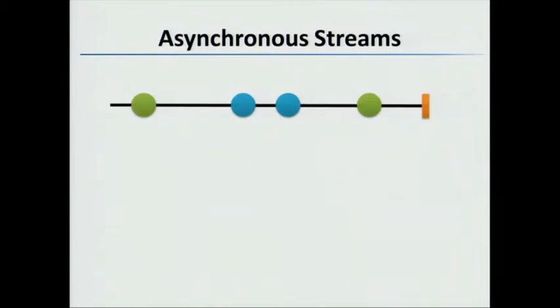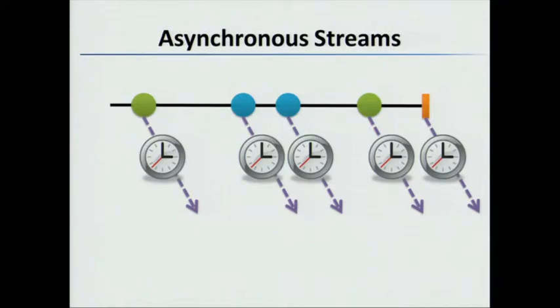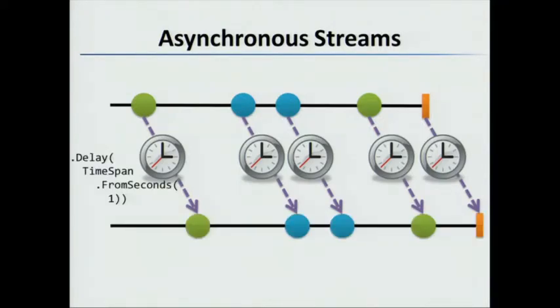This is an operator that works on the data aspect of the sequence. Another part of the asynchronous data streams is the asynchronous part, and the asynchronous part brings in the notion of time. So again, we have a sequence here, the same thing, with some on-next messages, some green and some blue. But in this case, we don't care about the color of them. We care about the time. For example, we might want to shift all of the messages by 1 second. So we can use the delay operator, which is not a standard sequence operator, because the standard sequence operators really have been designed originally for enumerables, which are synchronous data streams.